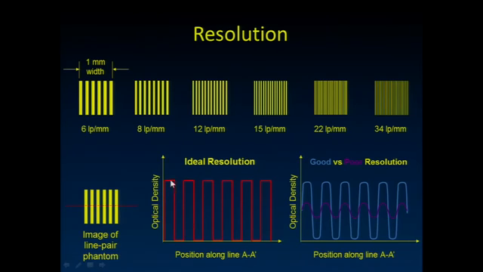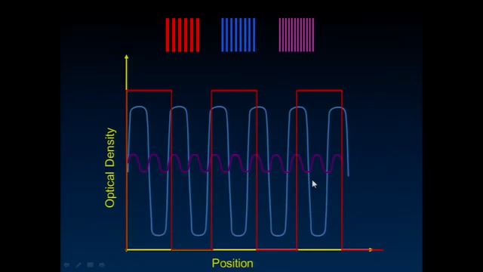And this should really be a rectangular function if we took a profile across the image. But in truth, we get some blurring at the edges with any system. So maybe a good system would round those edges off a little bit, and a poor system would really kind of blur those bars into each other quite a bit.